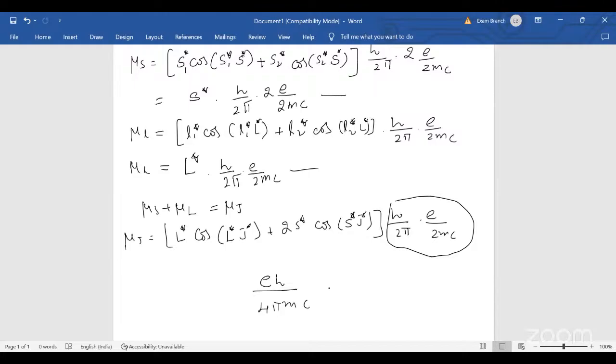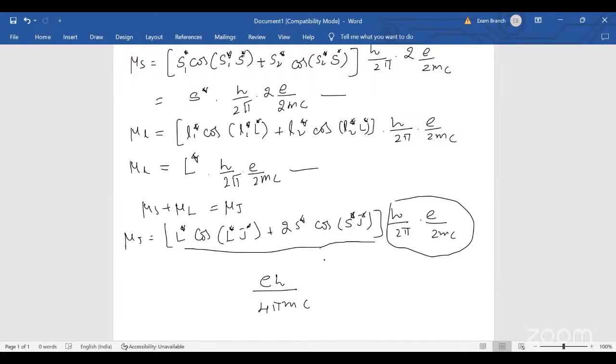So the terms within the brackets here are going to give mu j in the units of Bohr magneton, that is e h by 4 pi mc times this. Okay.